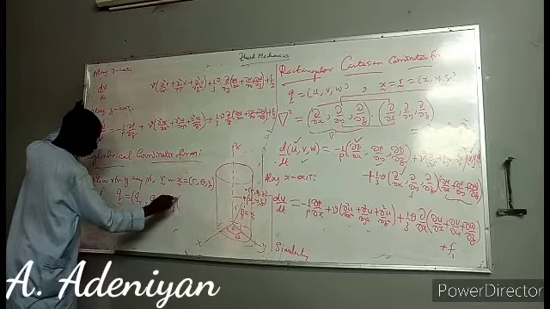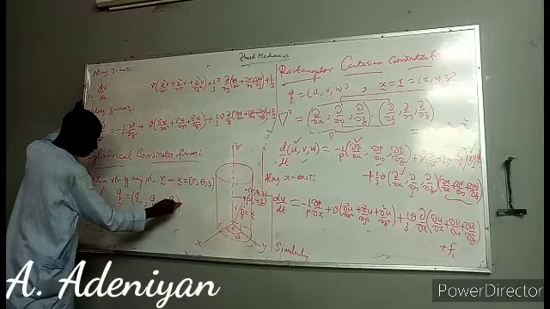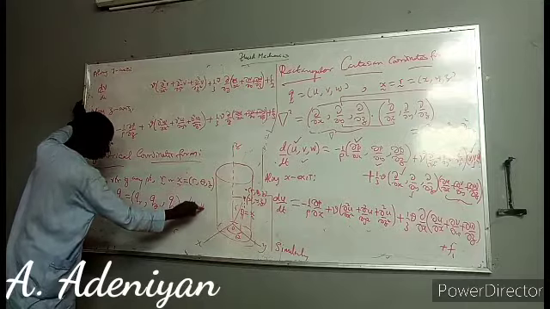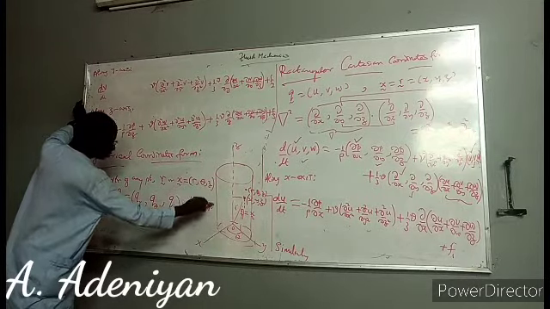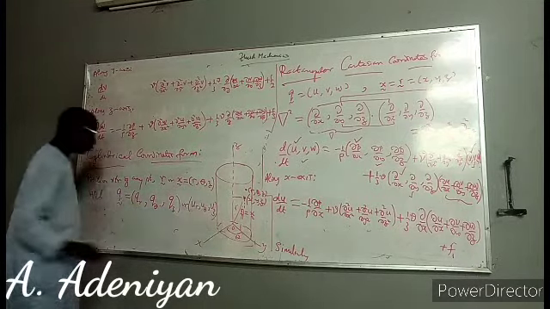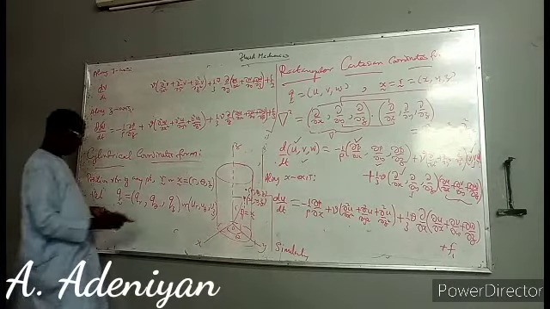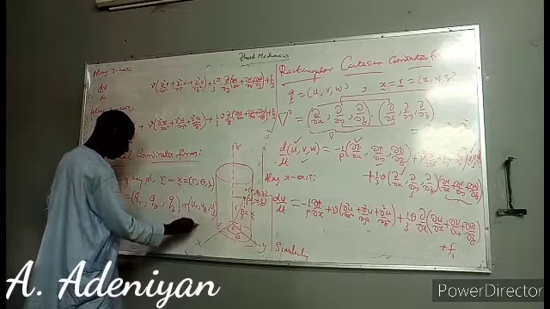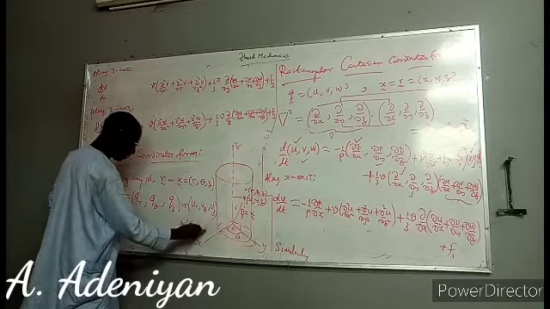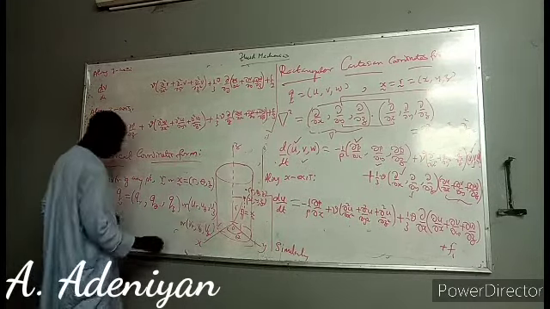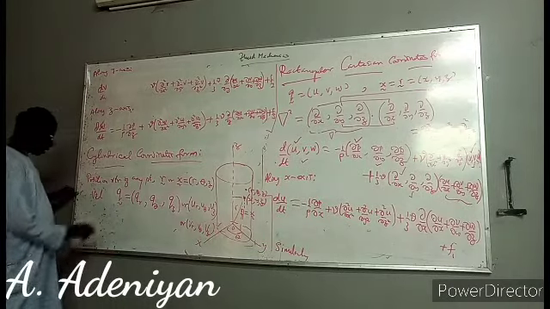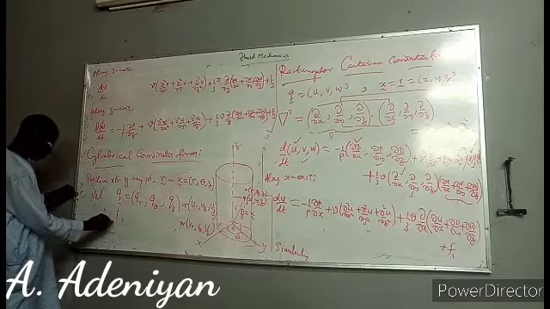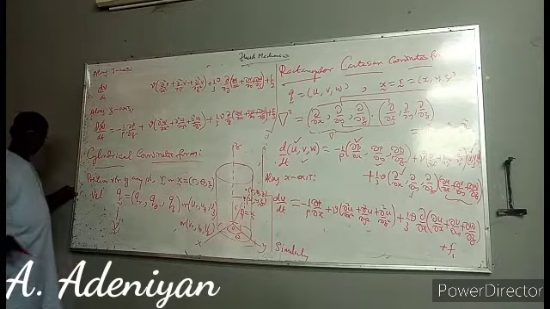Of course, in some textbooks, some people will still say this is ur, u theta, uz. So don't be confused, it's still the same thing. Or some may even use vr, v theta, vz. In fluids, sometimes you can represent velocity by q, or you can use this notation as well.